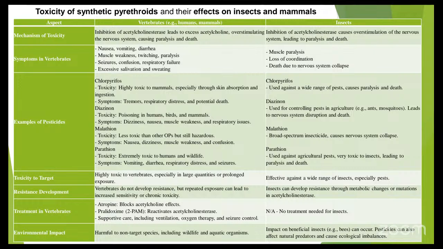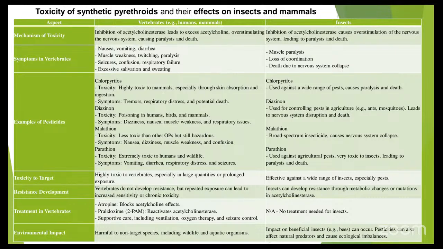In case of insects, insects can develop resistance through metabolic changes or mutations in acetylcholinesterase. For treatment in vertebrates, you can use atropine, like we have discussed for organophosphorus. The same treatment will be involved here, atropine, which blocks the acetylcholine effects, because there is the same mechanism of toxicity. So that you have to remember here.